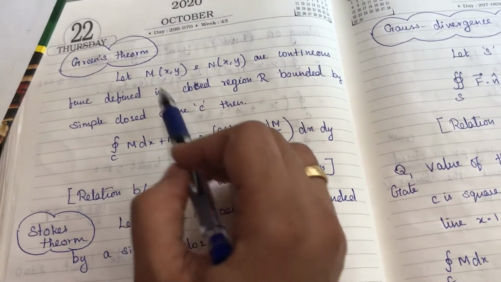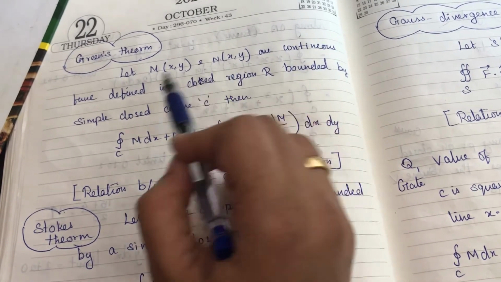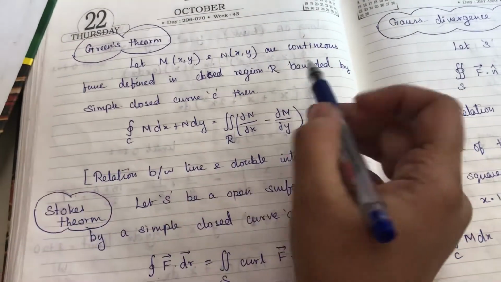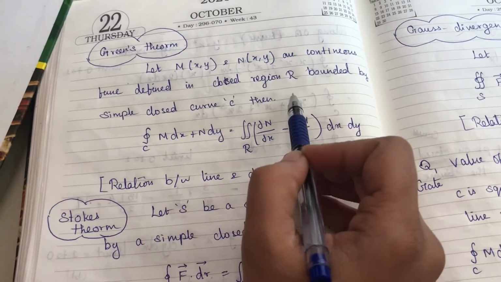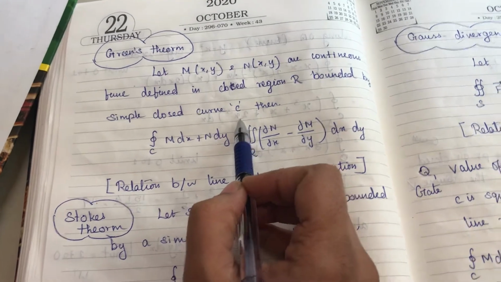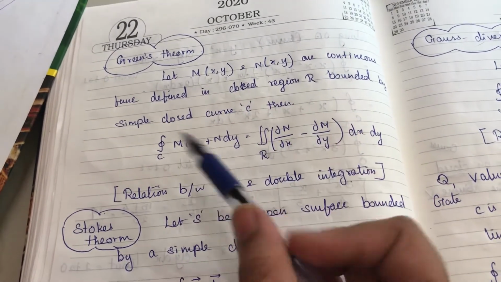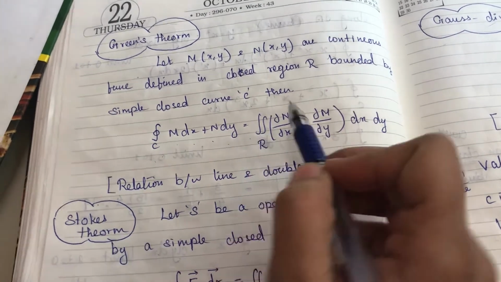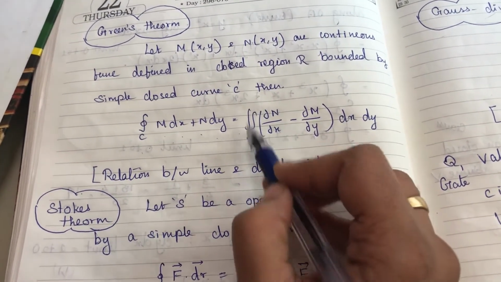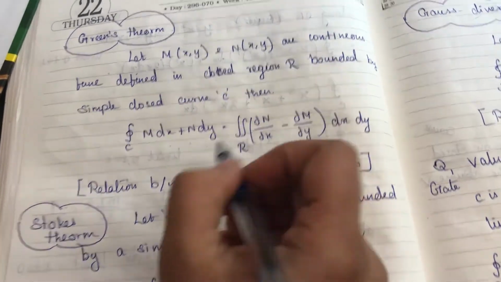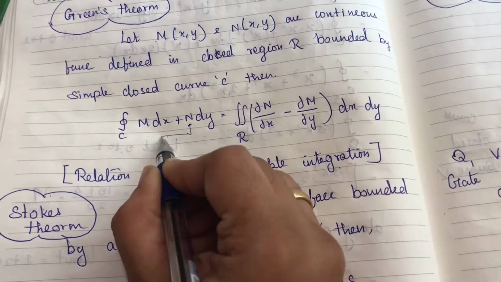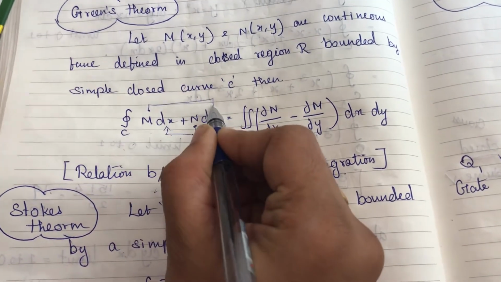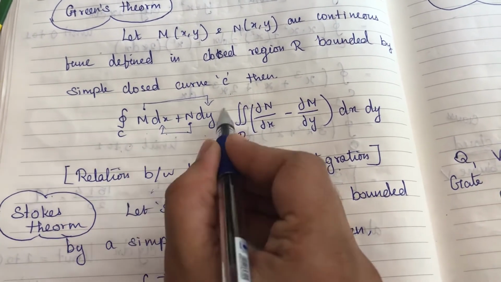What is Green's theorem? Green's theorem has 2 functions, the M function and the N function, which are functions of x and y. For continuous functions in a closed region bounded by a simple closed curve, we can write Green's theorem as the integration over C of M dx plus N dy, which equals the double integration over R of dou N by dou x, and then dou M by dou y, just the opposite order.